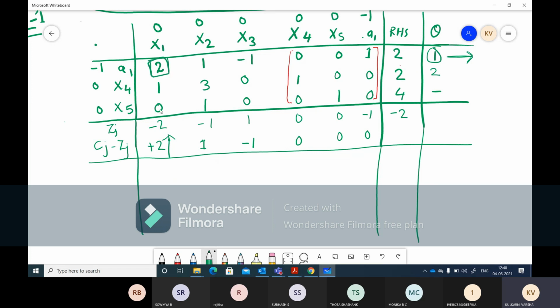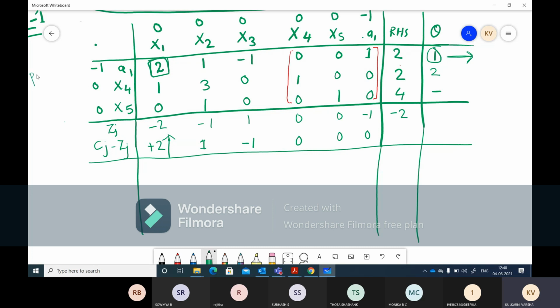Why are we saying this is the pivot element, Rajita? Because this is the intersection element of the entering variable and the leaving variable, right? This is the leaving variable and this is the entering variable. So x1 is entering into the next iteration, and instead of x1, a1 is leaving. So this is the intersecting element, that is called the pivot element.